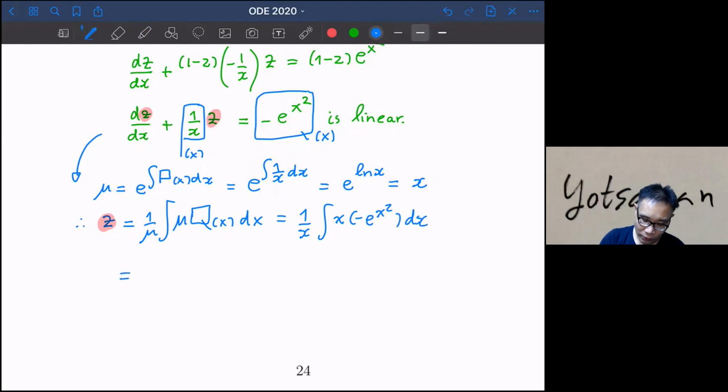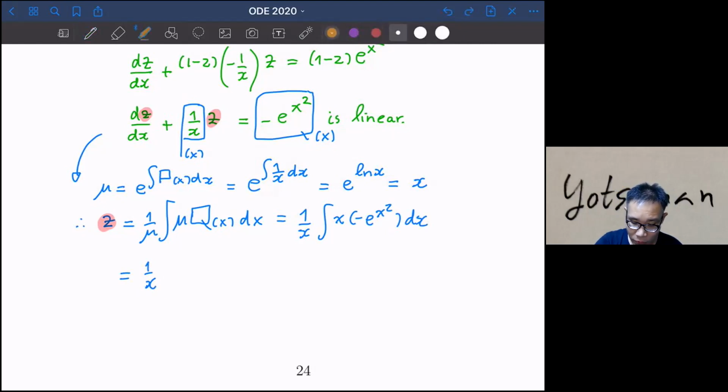And this one, you're going to have 1 over x, and you're going to integrate x times e to the x squared, with the negative. For this one you're just going to use substitution. Let me write the integral.